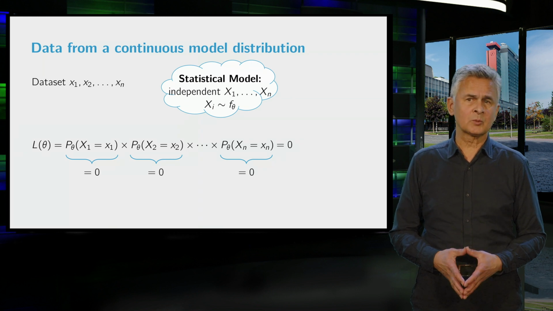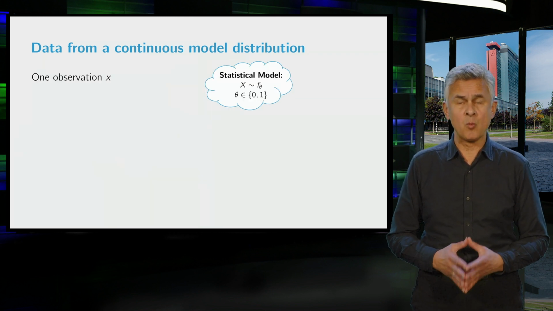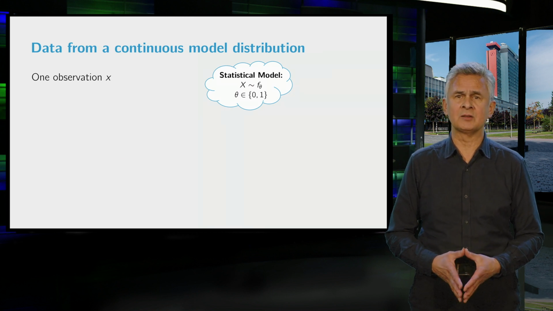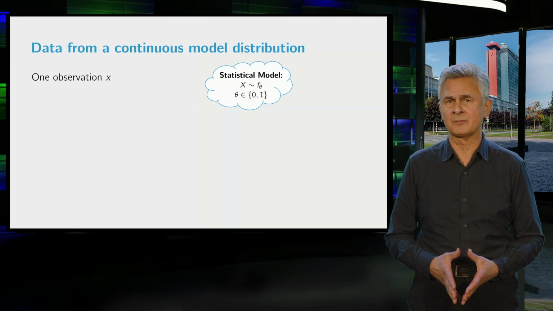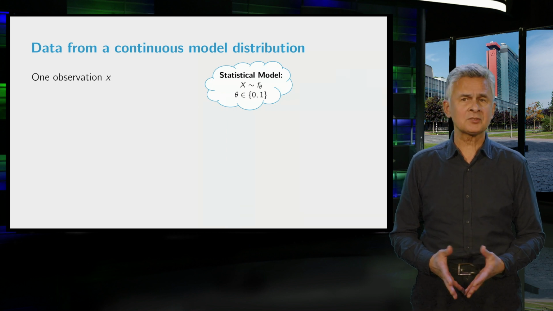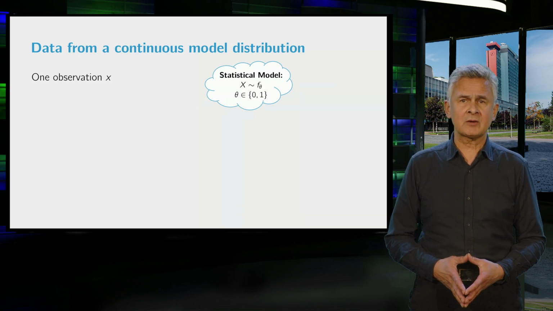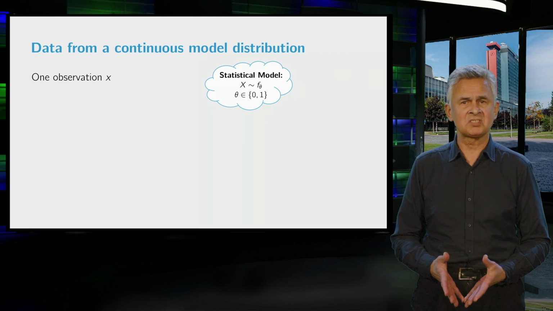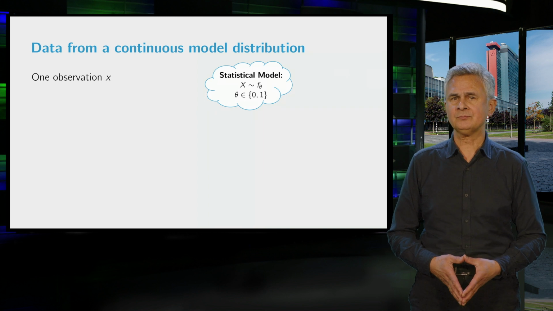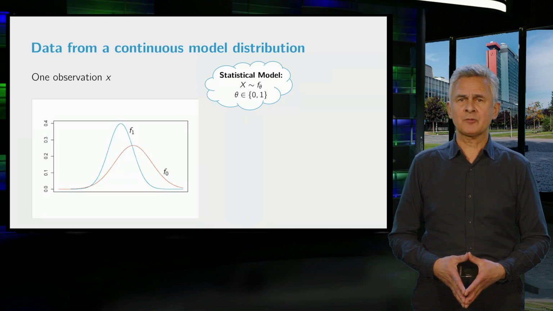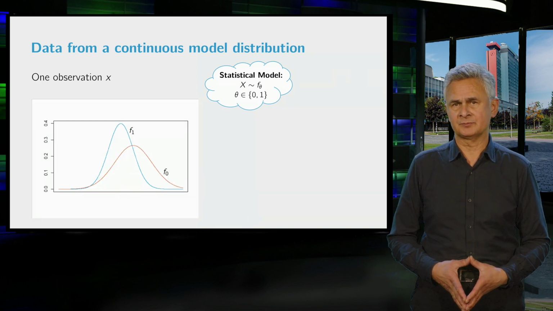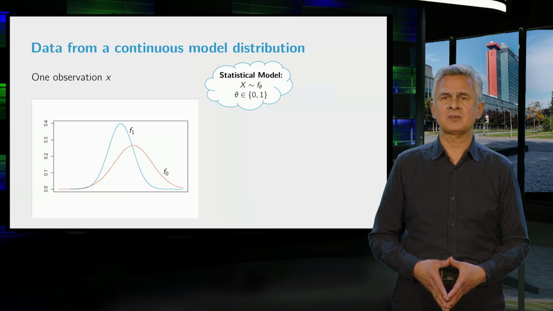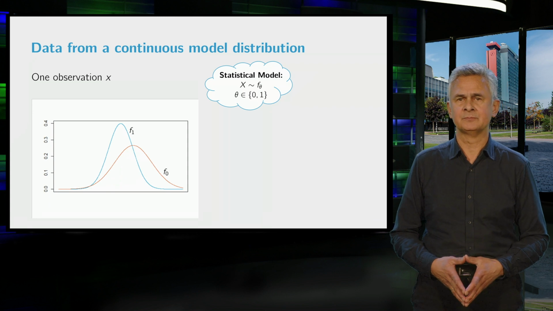Well, let us start with the simple situation that we have one observation that is modeled as the realization of a continuous random variable with density f. For simplicity, suppose that f is characterized by a parameter theta, which can only take two values, say 0 and 1. Now suppose we are facing the following situation. So here we have the graphs of two possible densities, f0 and f1.